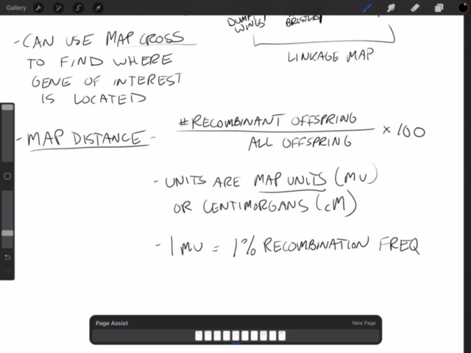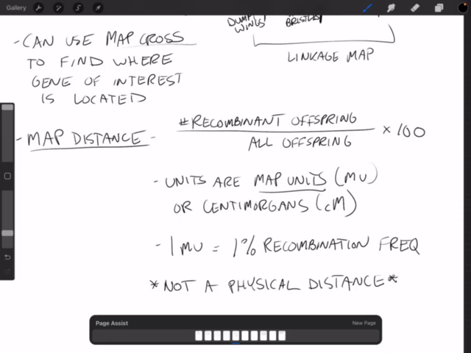Now, importantly, this is not a physical distance. It correlates roughly to a physical distance. But if you're one map unit away, that does not mean you're 100 base pairs away in DNA sequence. It does not mean you're 100 nanometers away in physical distance. It's just a probability of recombination, which does happen to correlate with the distance between those genes.